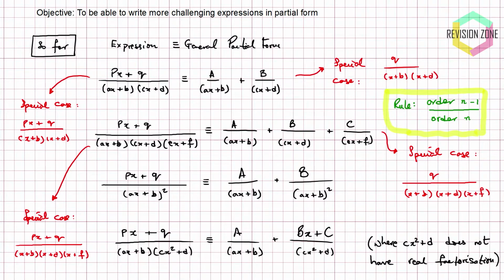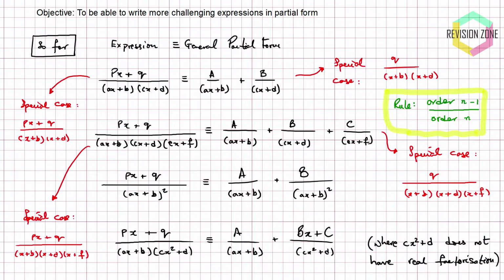We've got cx squared plus d, and in this case we're saying if cx squared plus d does not have any further real factors, then the general partial fraction form is going to look like this. You're going to take the first factor, the linear factor, and put that down. Then you're going to take the quadratic factor, which cannot be further factorized, and put that down. But the numerator of the quadratic factor is not just going to be a number, it's actually going to be a linear function, right?